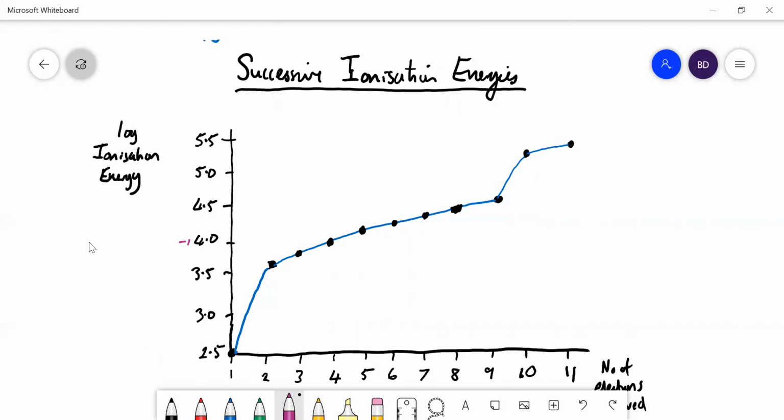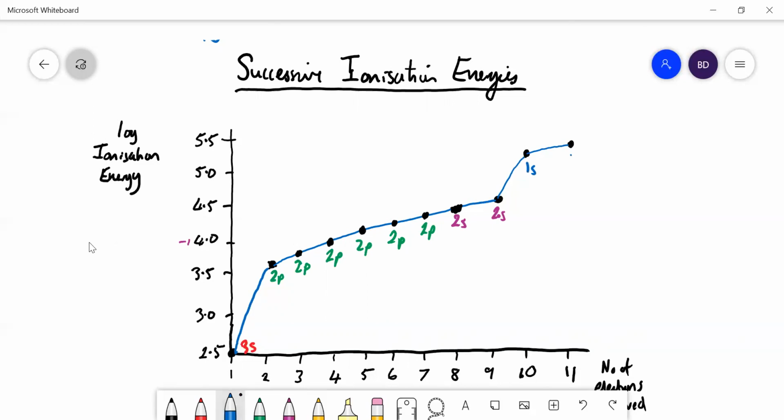So I'll just write down the subshells we're getting these electrons from. This one is 3s. These are all the 2p electrons. There's going to be 6 of them. How many have we done there? 5, one more. And then we're going to move into the 2s subshell, and finally move into 1s.